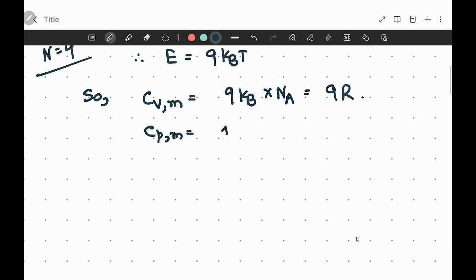It will be 10 R, although it's not correct because it's for the ideal gas, but still. So gamma will be 10 by 9, which is 1.19. Okay, so in this way you can calculate it.